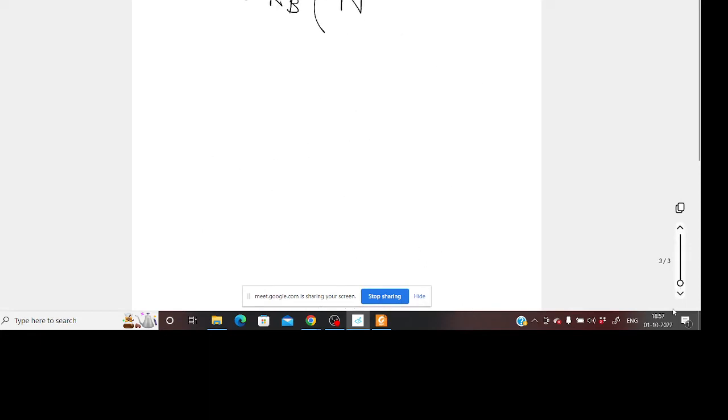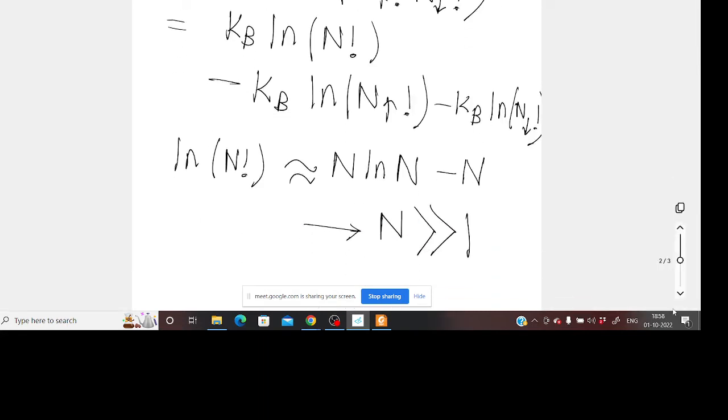Using Stirling approximation, this is equal to this thing. Similarly, I will assume that n up and n down are also large. Then I will again use Stirling approximation for n up and n down respectively.